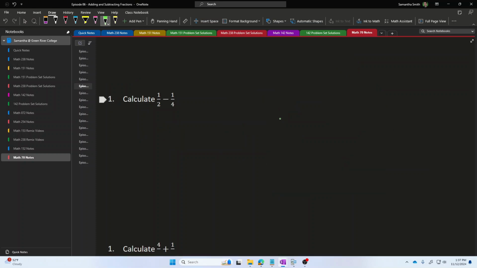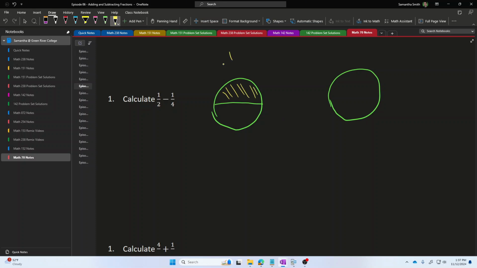Now, if you're dealing with a problem like this one, 1/2 minus 1/4, where your fractions don't have the same denominator at the start, then the situation's a little bit like this one. Here I have 1/2 of a pizza. Cut the pizza into 2 pieces and shade in one of them.